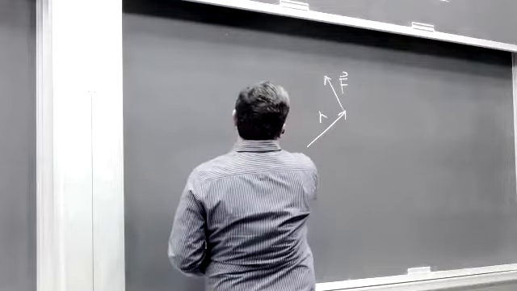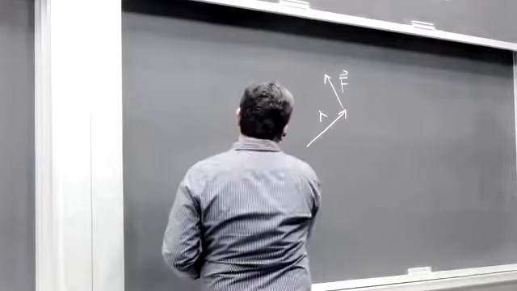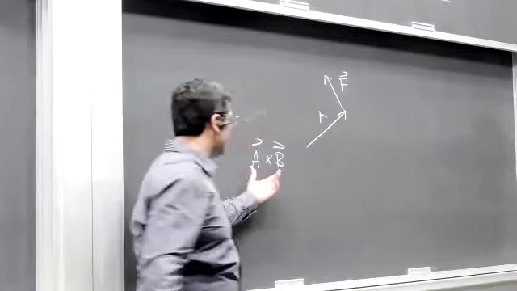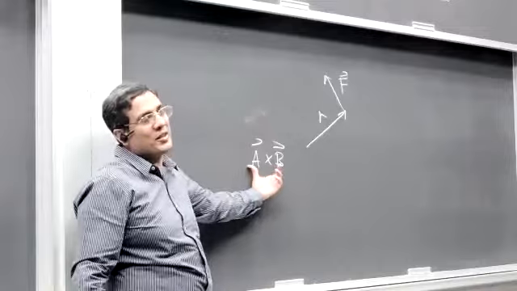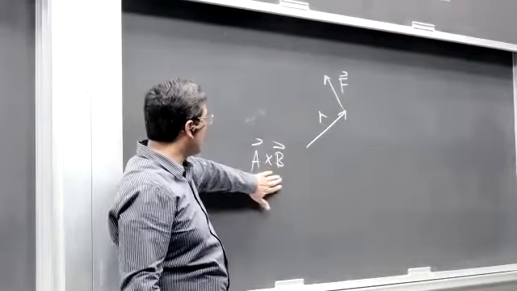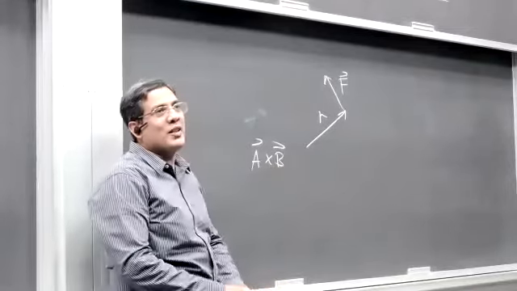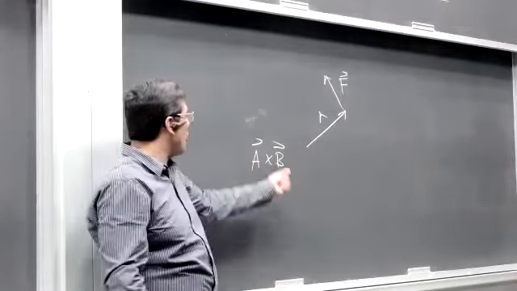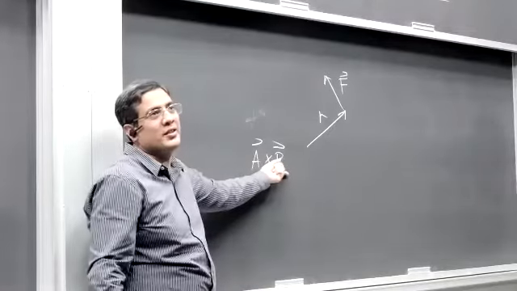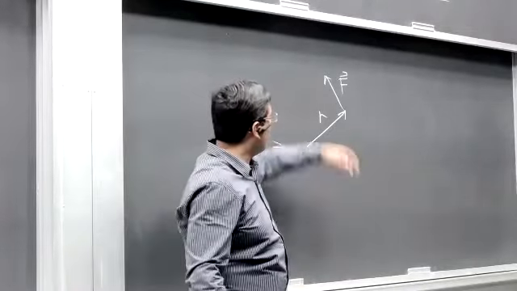You should do this with your right hand. That is also true for the cross product between any two vectors. If you want to find the direction of the resultant vector, it would always be orthogonal to the plane that these two vectors live in, like this R and F.